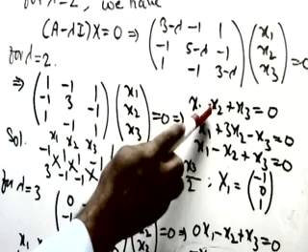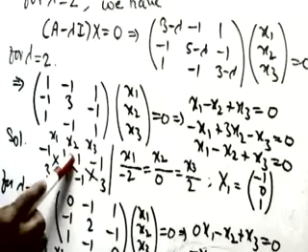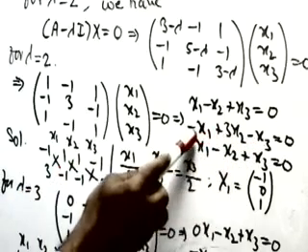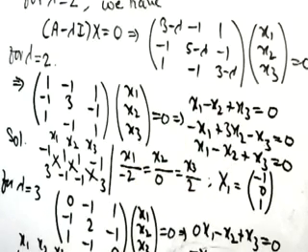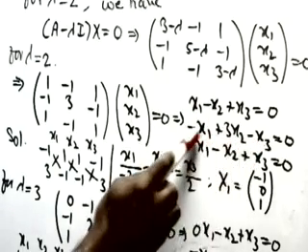How to solve? We start with the middle and end with the middle. Coefficients: minus 1, 1, 1, minus 1, and 3, minus 1, minus 1, 3. Start with the middle term and end with the middle term.